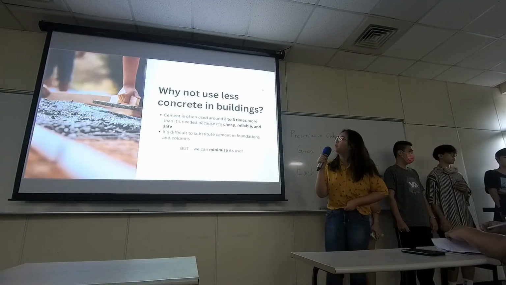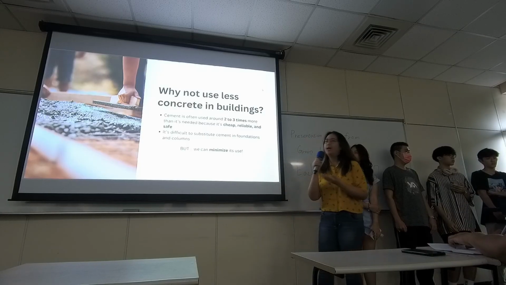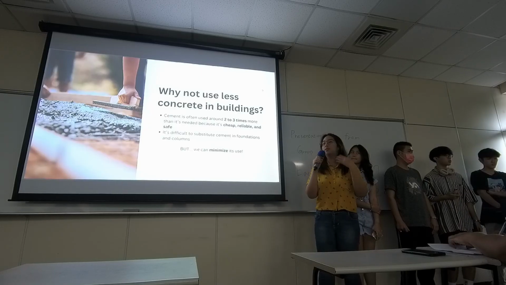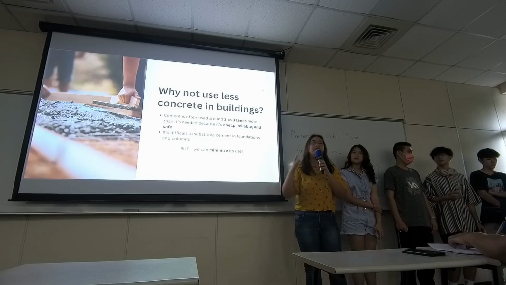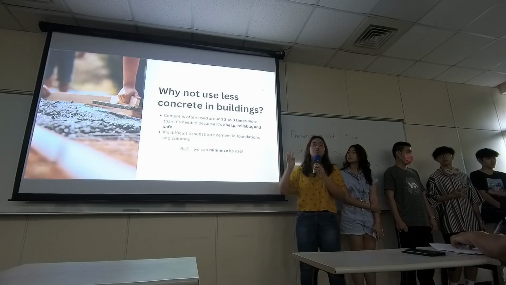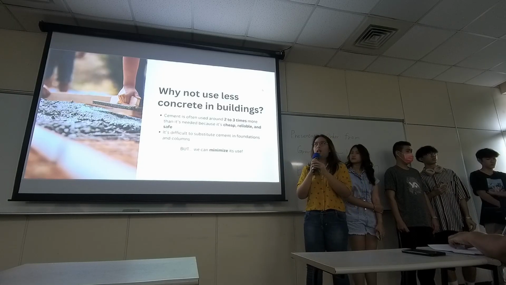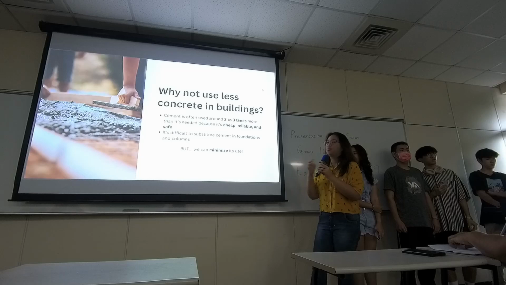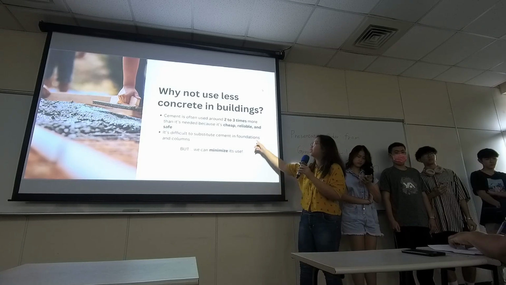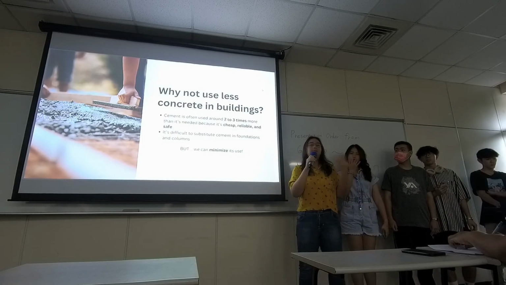Now, if the use of cement is problematic in itself, then why can't we just use less concrete in building houses and high-rises? Well, the reason is that cement is very cheap, but it's also reliable and safe. It's very strong. It can withstand a lot of pressure and weight. That's why it's always used a lot more than it should be, like 2 or 3 times more than needed, because people just want to play safe.